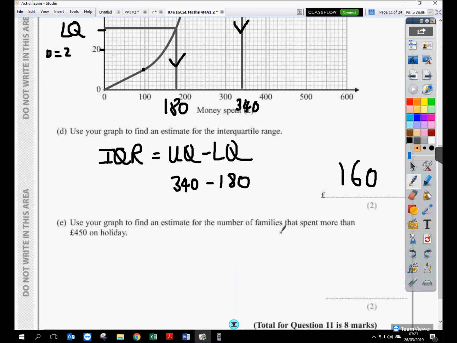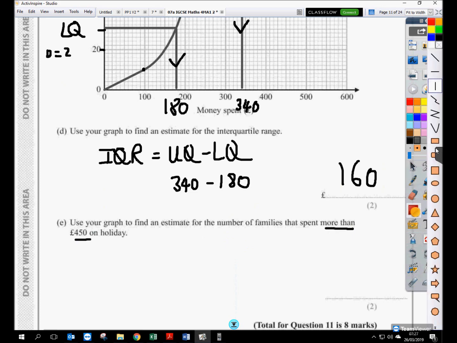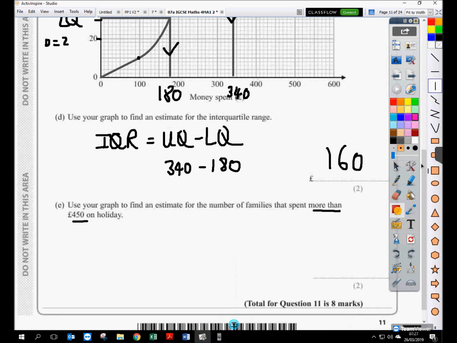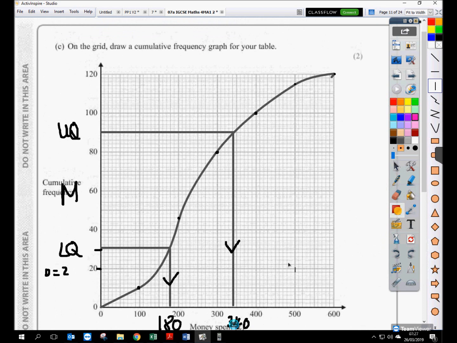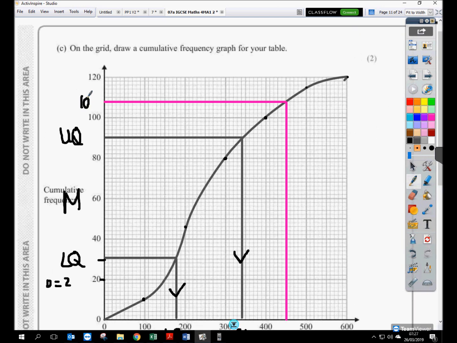Next, use your graph to find an estimate for the number of families that spent more than £450 on holiday. So what we do is we find £450 on the x-axis. We draw a line up and we draw a line across, and read it off. There's about 108 there. Each square's worth 2.